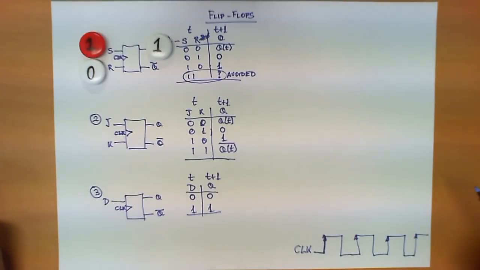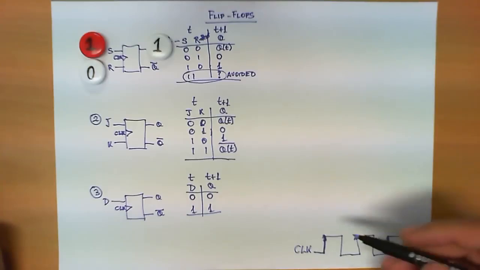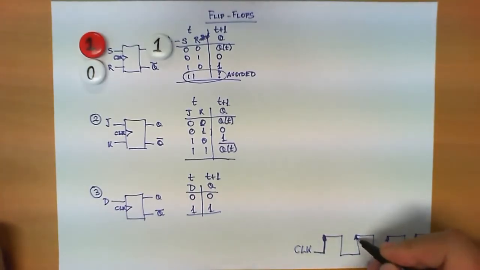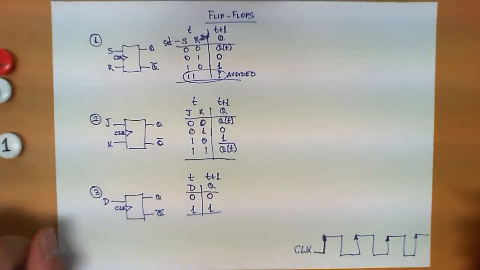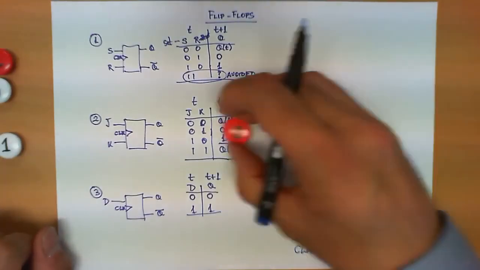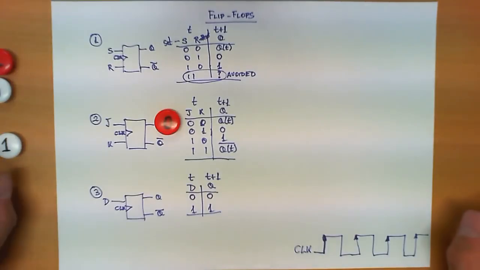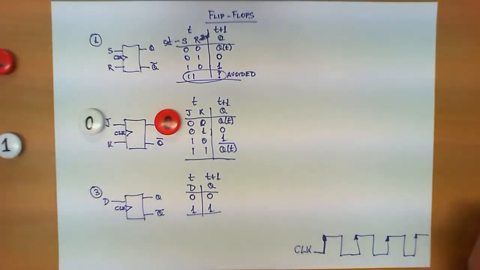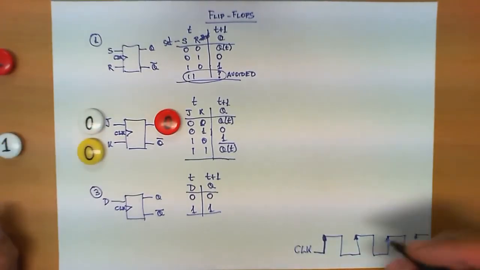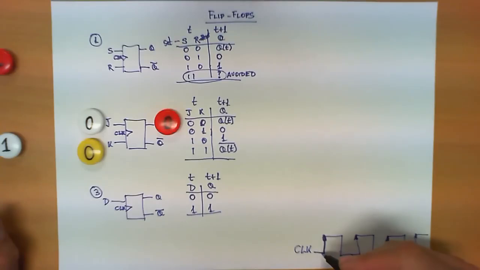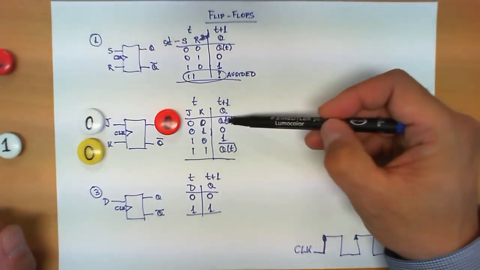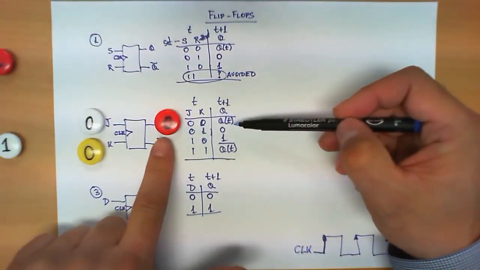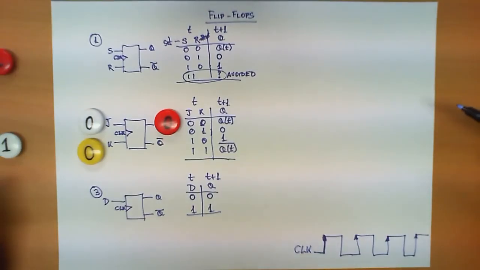Again, the most important thing to remember is that this table is only evaluated when the clock has these rising edges. Let's study another case for the JK flip-flop. Let's imagine that we have a 0 value here, and now we have both inputs equal to 0. Again, time goes by, and by the time the clock makes this transition, this table is telling us that Q of t plus 1 is equal to Q of t, meaning that this signal remains equal to 0.